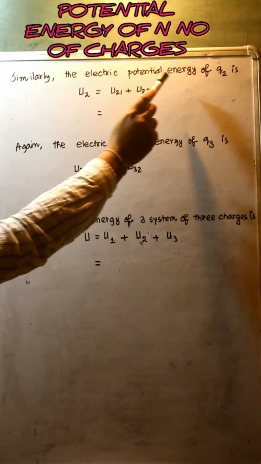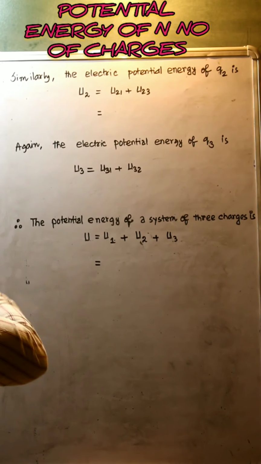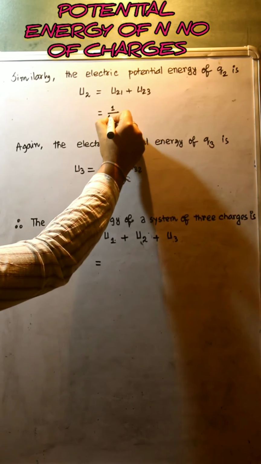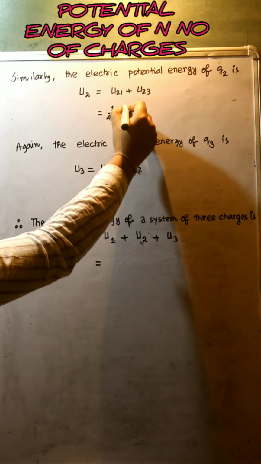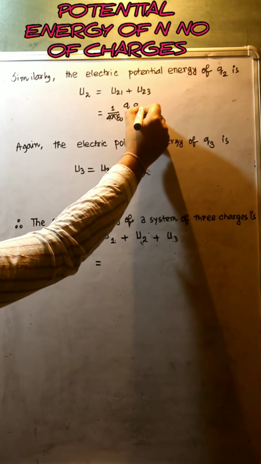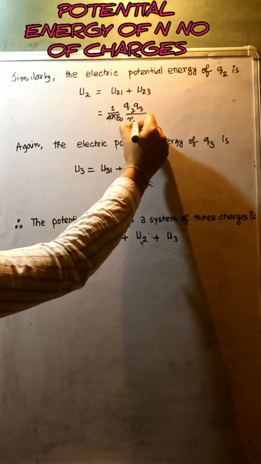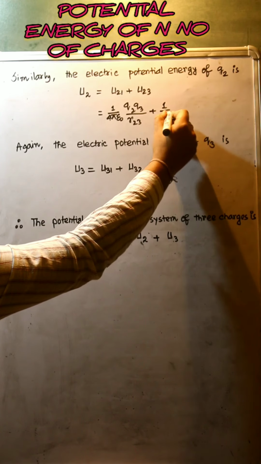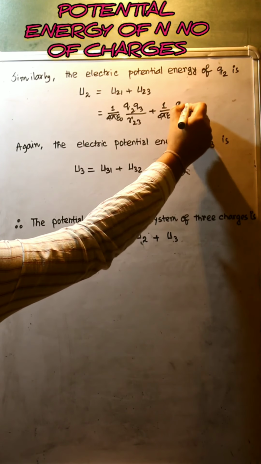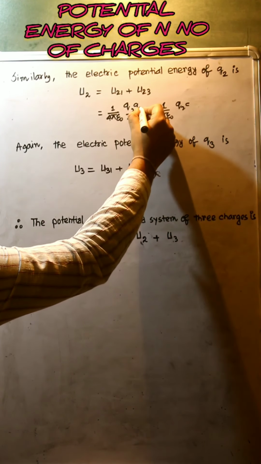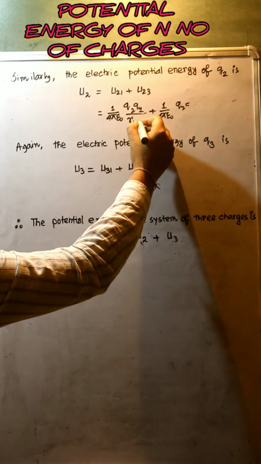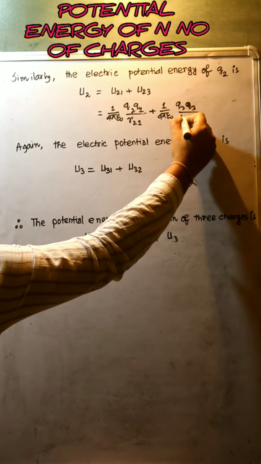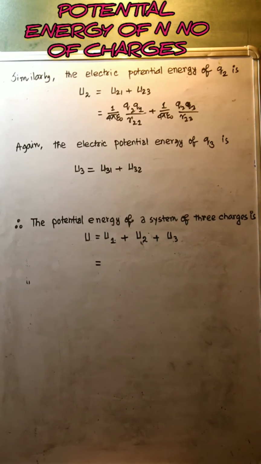Similarly, the electric potential energy of the charge Q2 is U2, which is U21 plus U23. And if we write down the expression of U2, that is 1 by 4 pi epsilon 0 Q2 Q1 divided by R21 plus 1 by 4 pi epsilon 0 Q2 Q3 divided by R23.